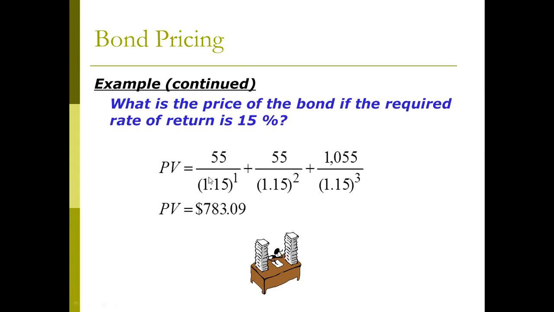This means if you don't buy this bond, you can buy something else and get a 15% return. So 5.5 is a lot lower than 15%. To compensate for the lower return, you get a huge discount from the face value of $1,000. You're only paying $783 to buy this bond. You're getting a discount.